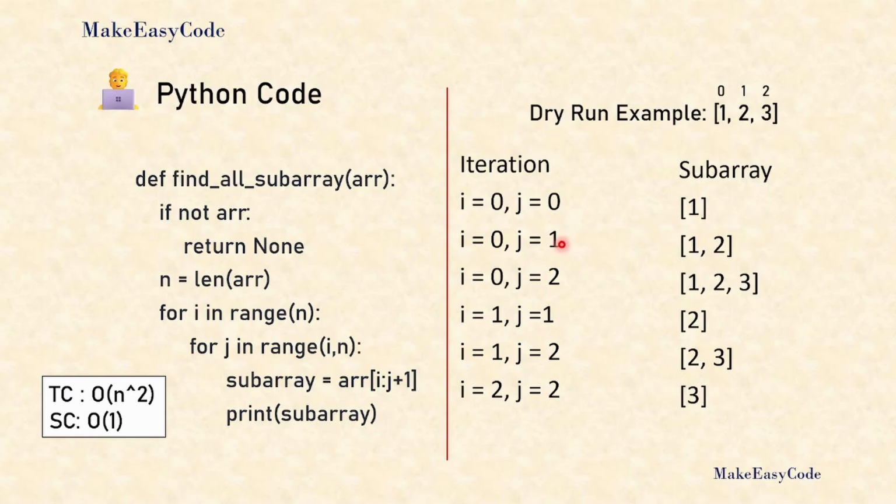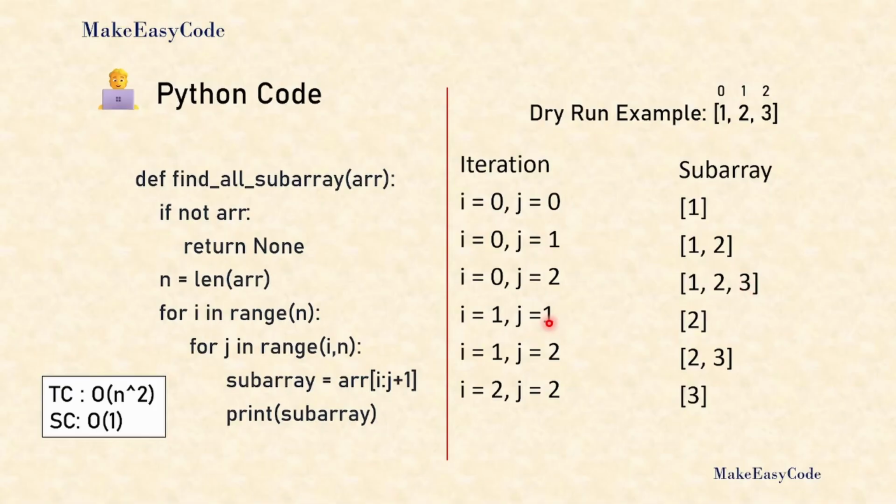Next, we extend j to index 1. So the subarray becomes 1 comma 2. Now j becomes 2, which means we have added the element at the second index, and the subarray will be 1 comma 2 comma 3. You can say the full array.